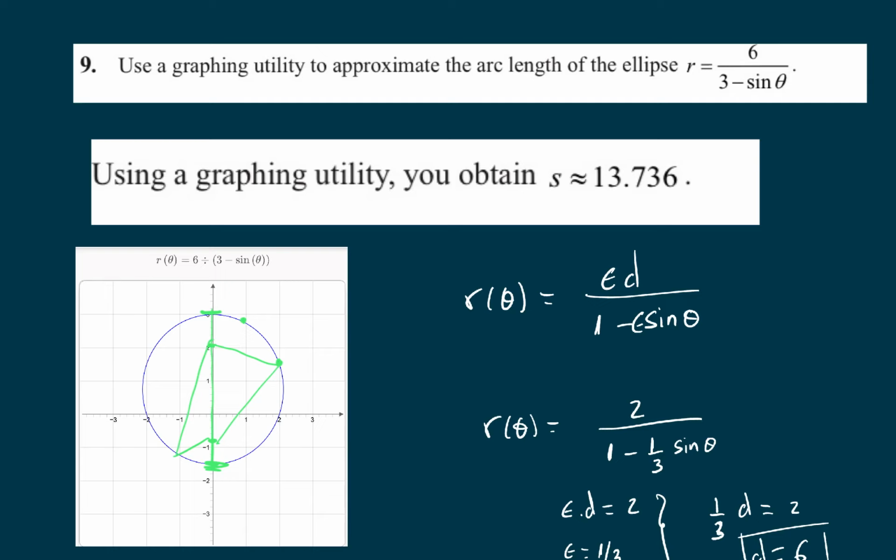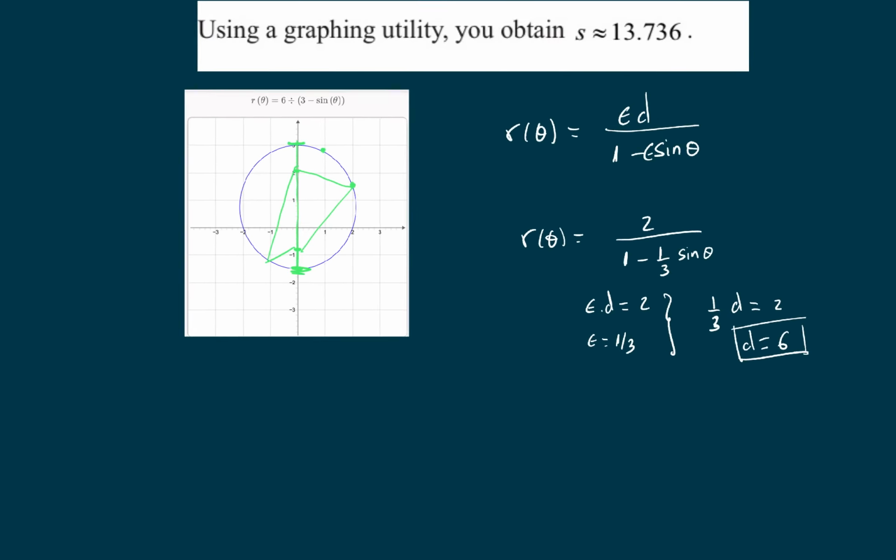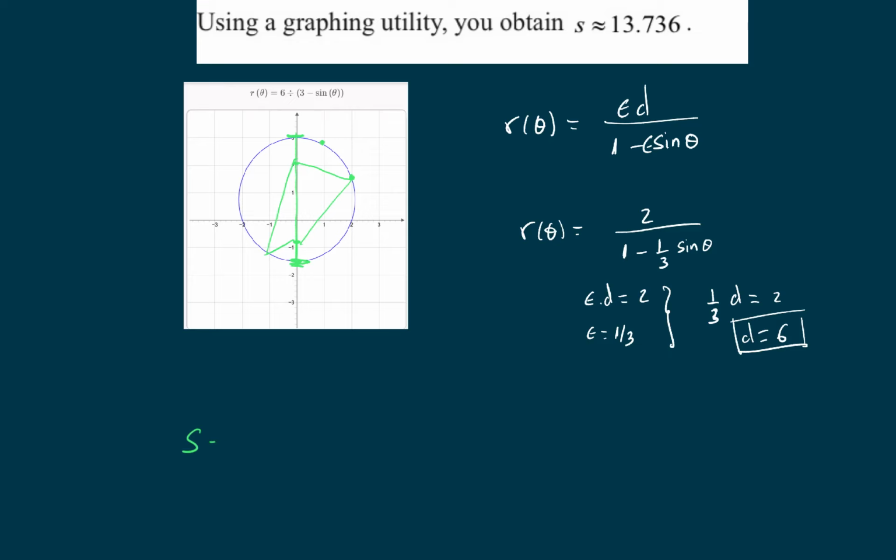Okay, so what is the problem asking? Use a graphing utility to obtain the S. Oh, the S is the integral from 0 to 2 pi of the square root of r squared of theta plus the derivative of r with respect to theta squared, d theta.